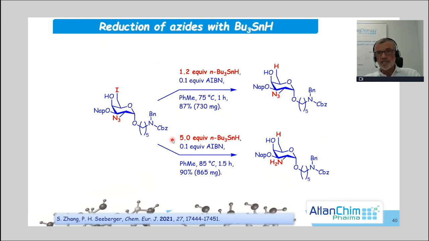Under the same conditions, but this time with 5 equivalents of tributyltin hydride, the debrominated amino derivative was isolated in excellent yield, as you can see.